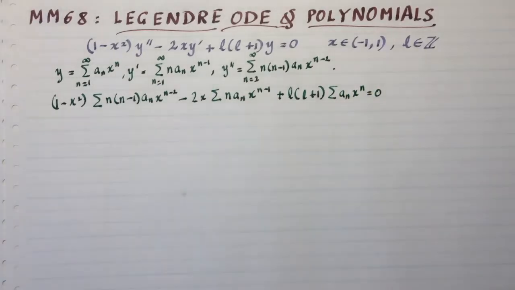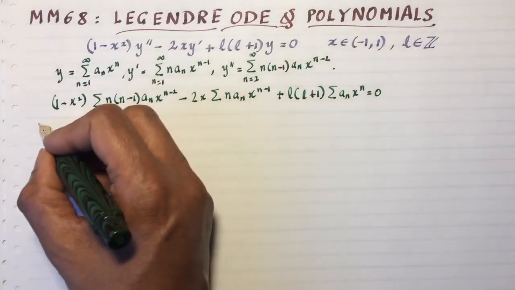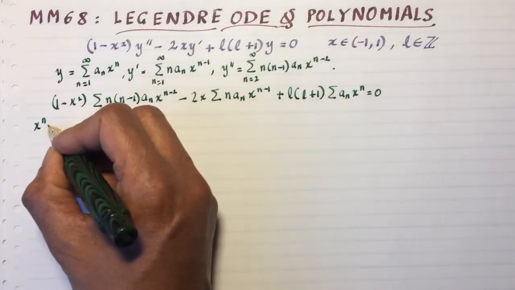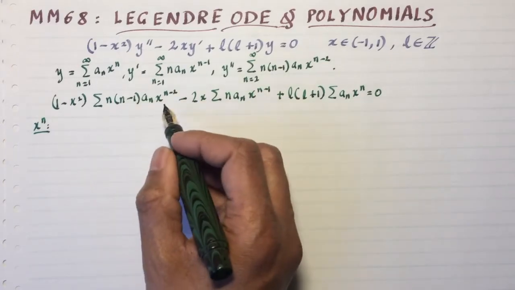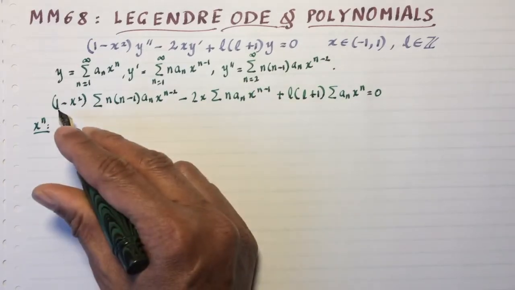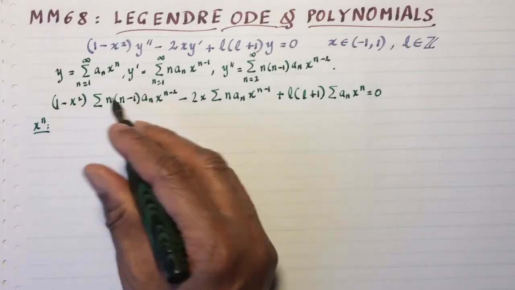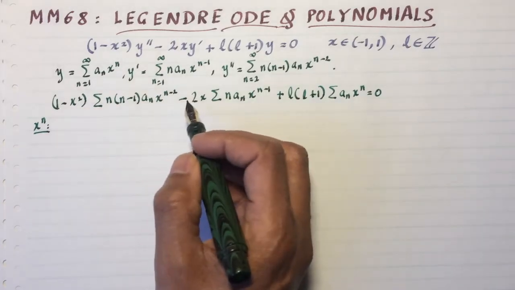The way something like this is further advanced is to compare the coefficients of both sides. So the x to the n coefficient must be set equal to 0, because the right hand side does not have any x to the power n. X to the power n occurs in the first term where 1 multiplies when you advance the index by 2.